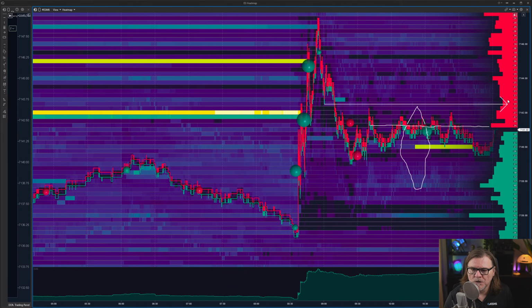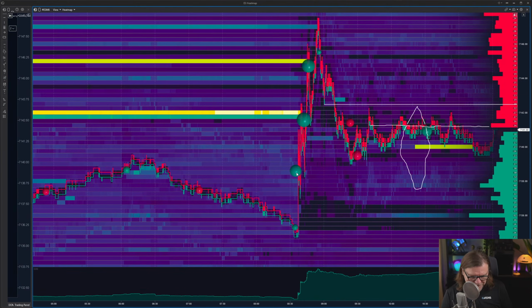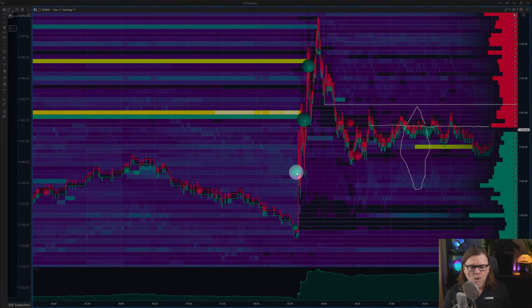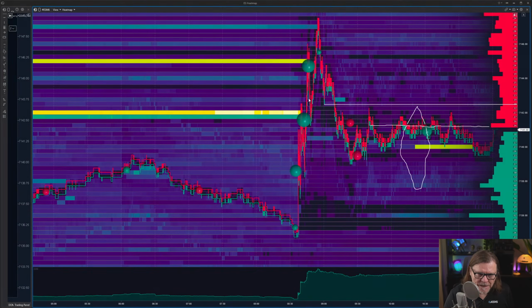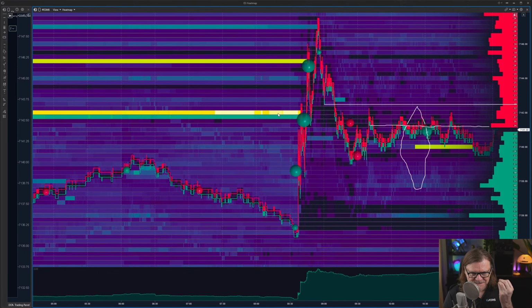Now I've got the level represented by this. I saw previously the activity of the whales. This was the whale. This was the whale. This was the whale. And then there were sharks as well. The brightest colors on the heat map are sharks.